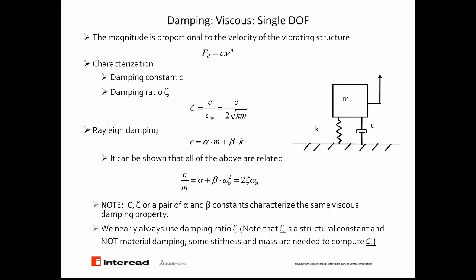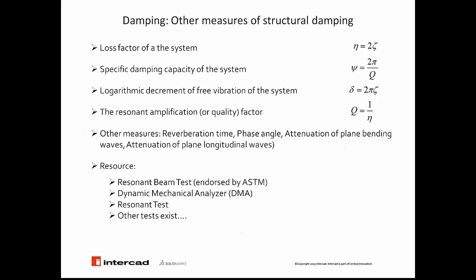We mostly use the dampening ratio zeta in our calculations in SolidWorks. So either we go for a constant dampening factor or we go for a Rayleigh dampening. This is where we introduce the dampening into our dynamic studies.